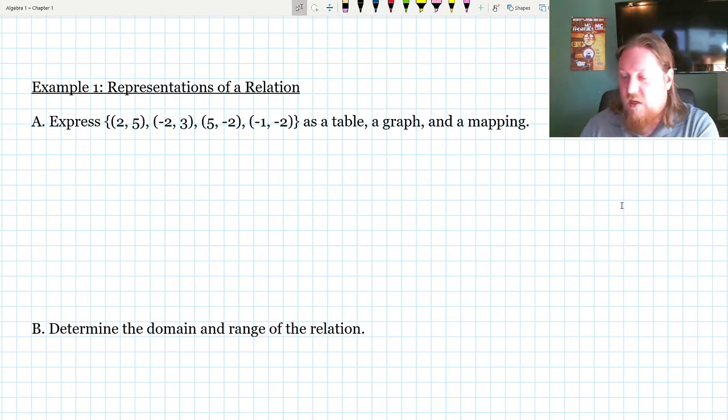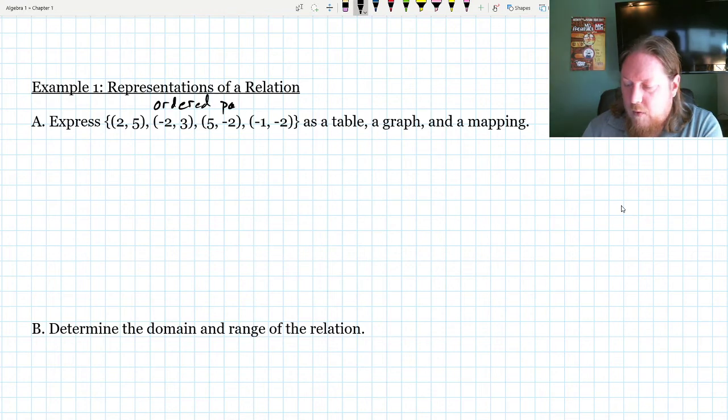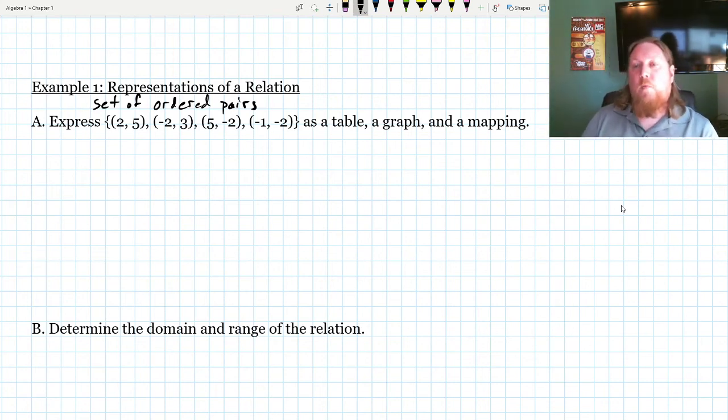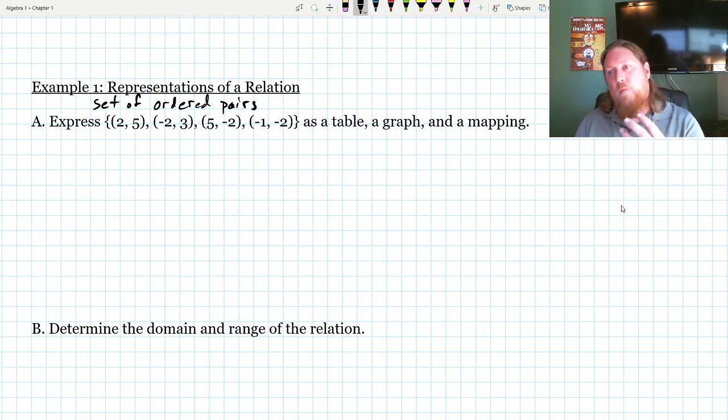It's given to us in ordered pairs, specifically in a set of ordered pairs. Remember I said ordered pairs usually come out looking like a set? What that means is we're going to have all four of the different examples of relationships here, but it has to give us one of them as somewhere to start.